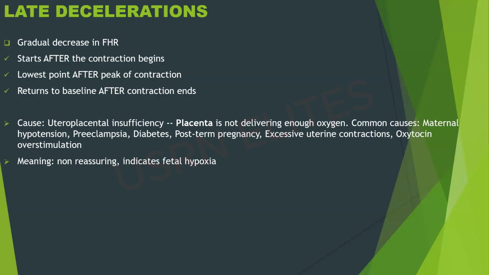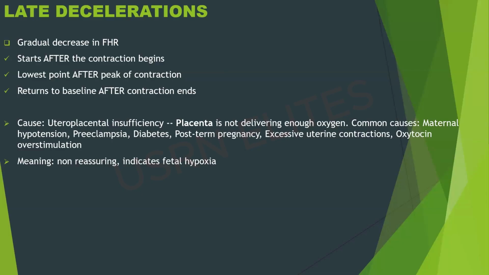That's why when there's oxytocin infusion, and you see that the heart rate is decelerating, quickly you have to stop the drug, because oxytocin infusion can act like constricting the blood vessels. It's like a patient having hypertension or preeclampsia. The blood vessels are constricted, decreasing blood supply to the fetus. So oxytocin overstimulation, the same thing. All right, so these things can be a cause of placental insufficiency. So once you see placental insufficiency, that is the number one cause of late deceleration.